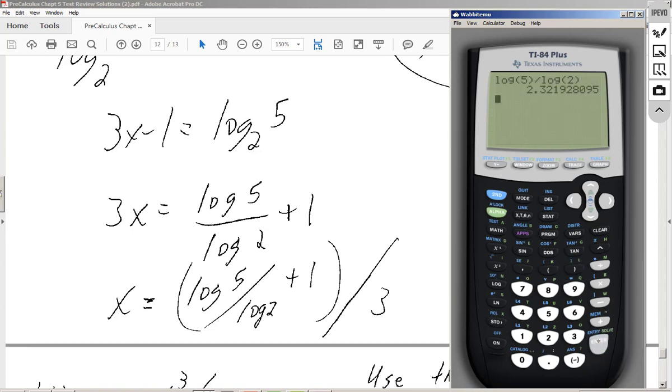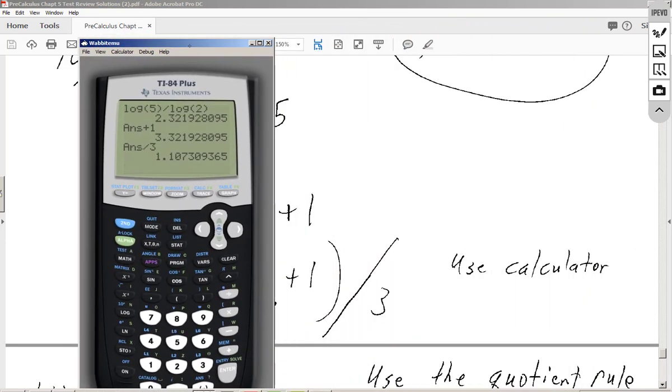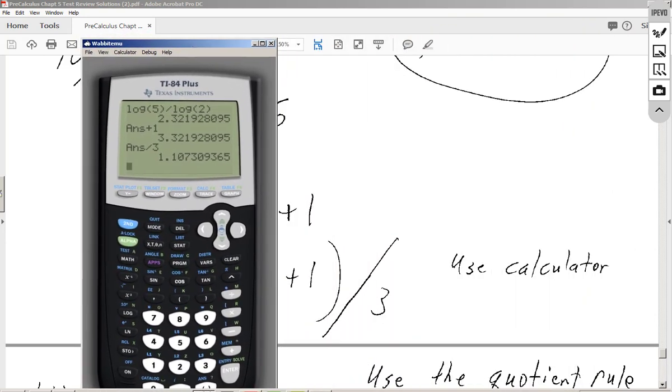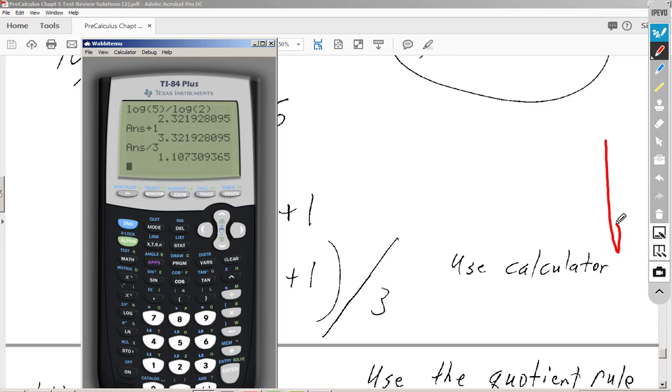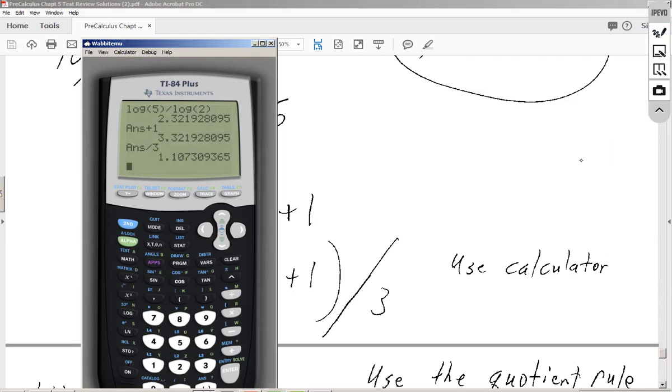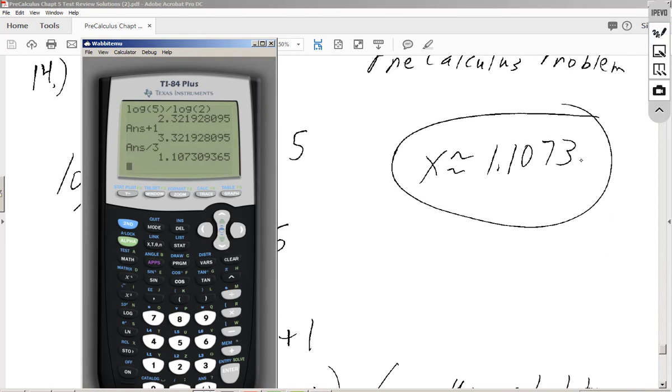I hit enter, and I hit plus 1. I hit enter again, and I'm going to divide all that by 3. So it looks like that answer comes out to be 1.10730935. So I just go ahead and round that off. And that is going to be my answer. So 1.1073.